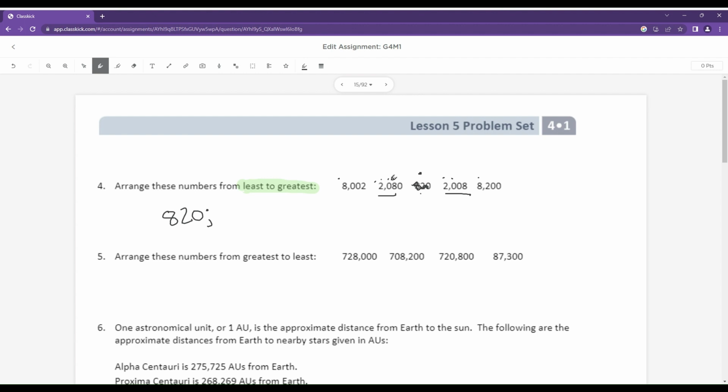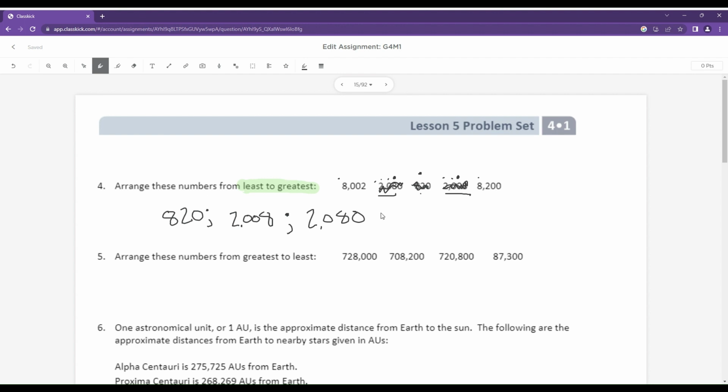So I need to move over to my tens place. Here we have 8 tens compared to 0 tens. So 0 tens is going to be less than 8 tens, which makes 2008 smaller. And the next smallest would be 2080. I took care of these two.